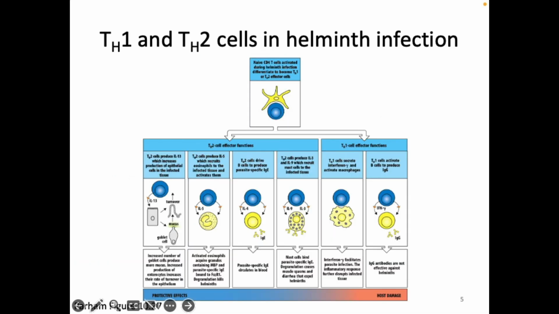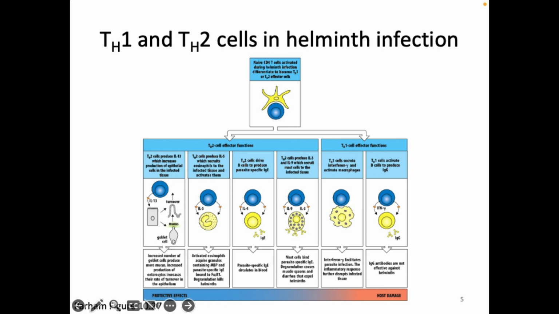And we know that if we make a Th2 response to Helminth infection, as I've told you before, we tend to get these protective effects, and so you've seen this slide a few times at this point.